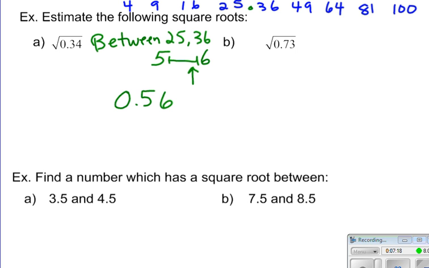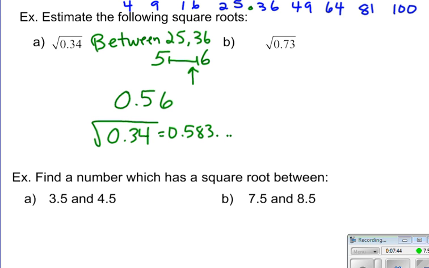And to double check, I'm going to type in my calculator, square root 0.34. Okay, and I get 0.583, so it is irrational, 0.583, etc. So 5.6 was a bit of a low estimate, but it's not too far off.